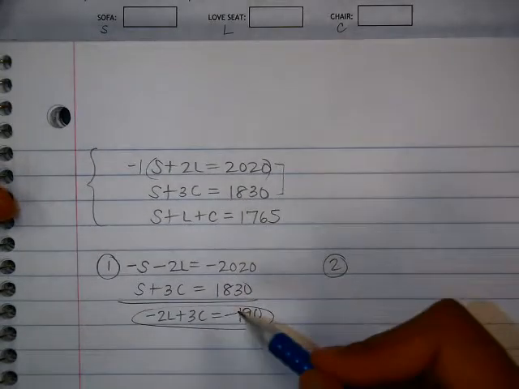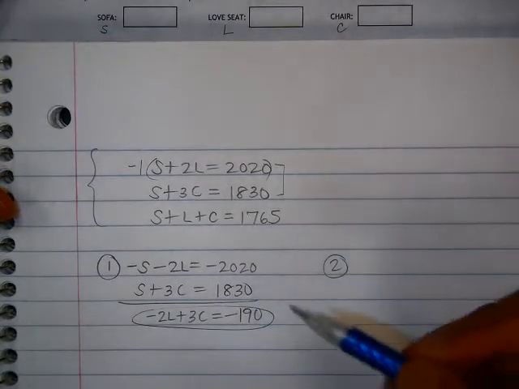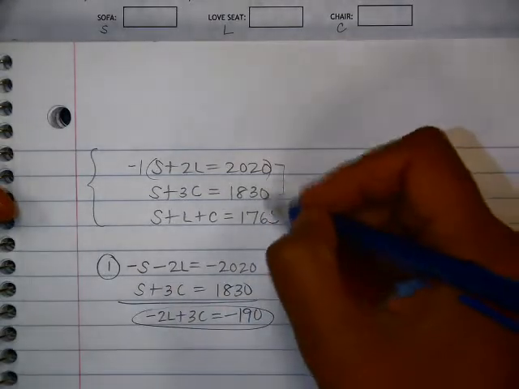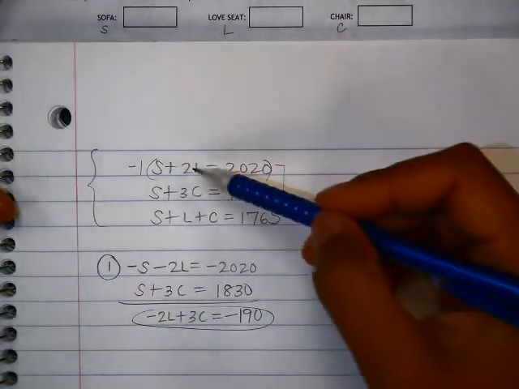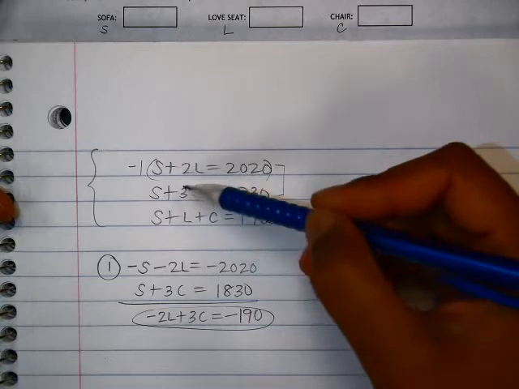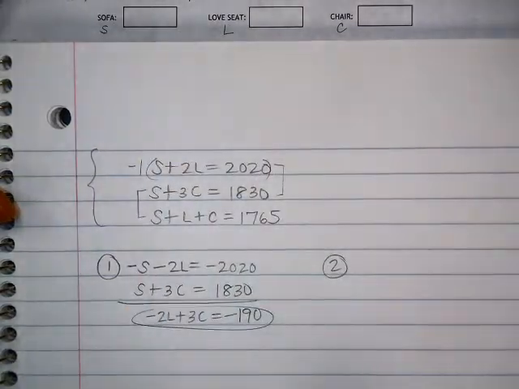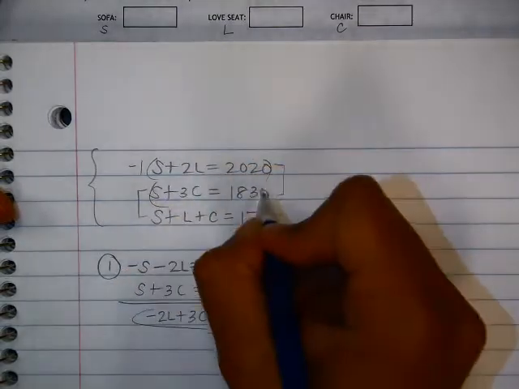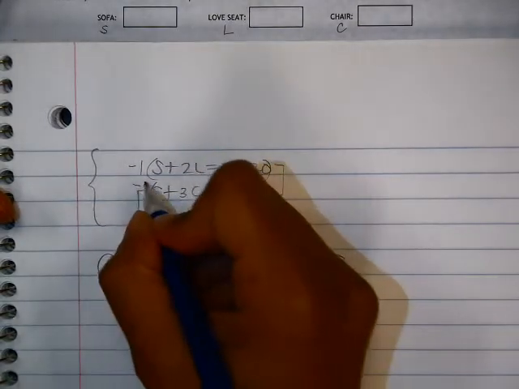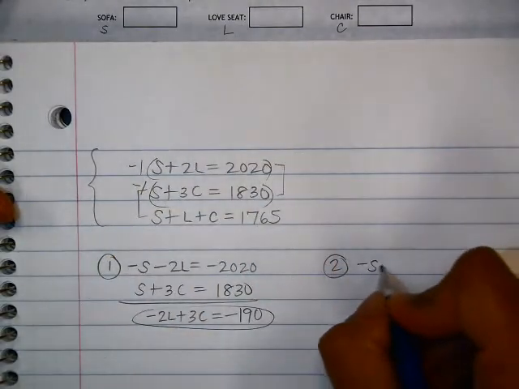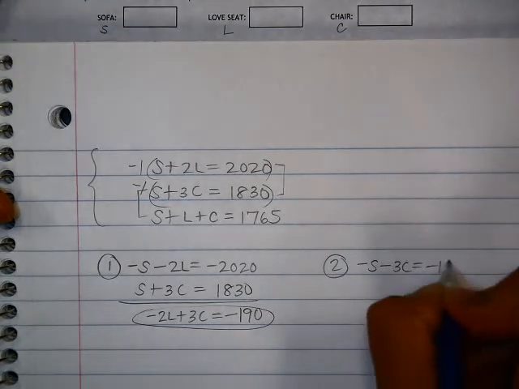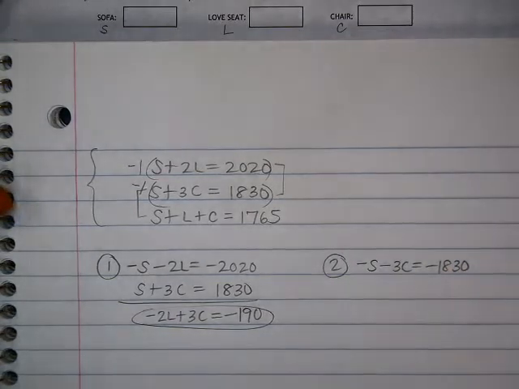The second step is to come up with another equation that doesn't have an S by combining a different pair of these. So you could combine the first and the third equation, or you can combine the second and the third equation. So I'm going to go ahead and combine the second and third equation. Again, we need to multiply one of these by a -1. So that gives me negative S minus 3C equals negative 1830.